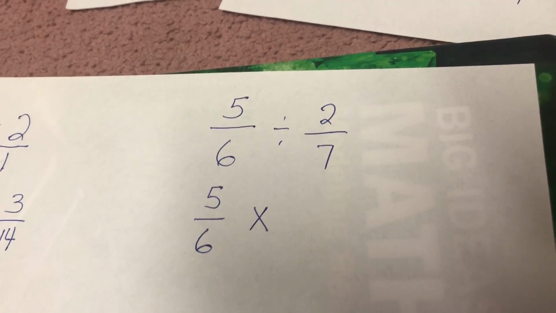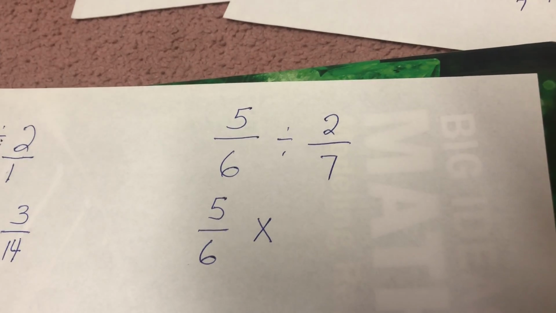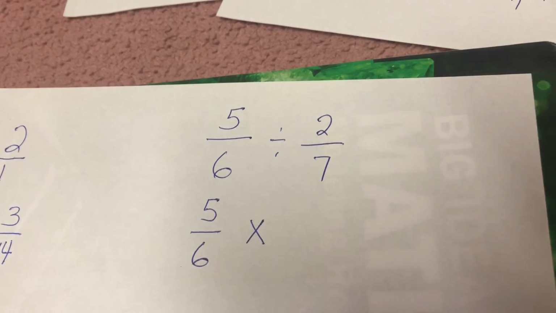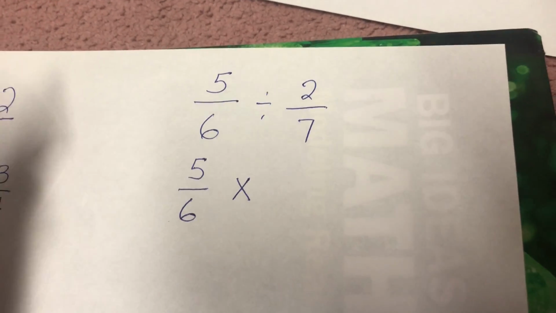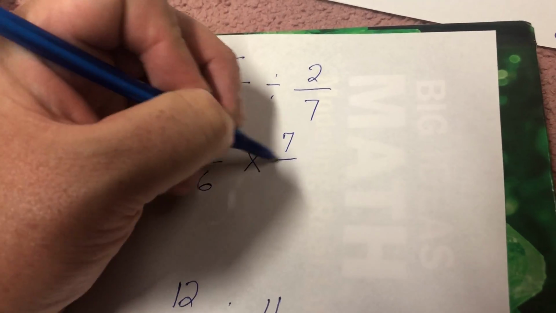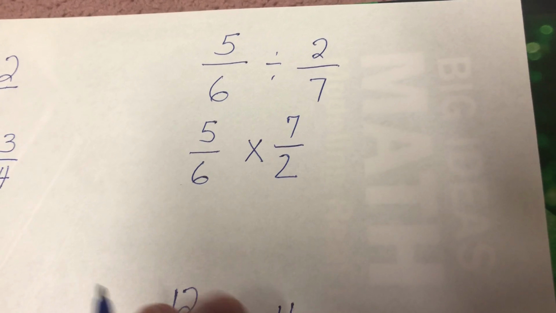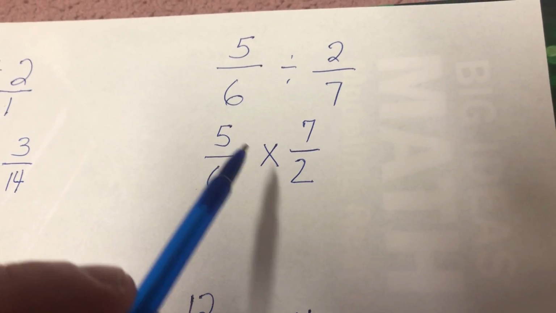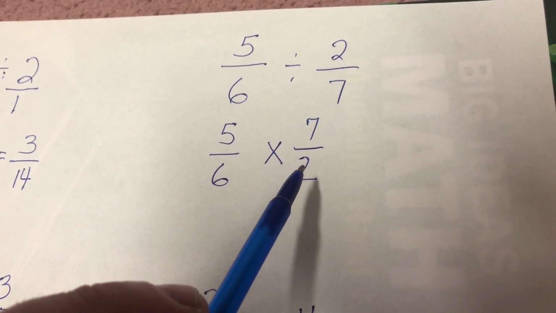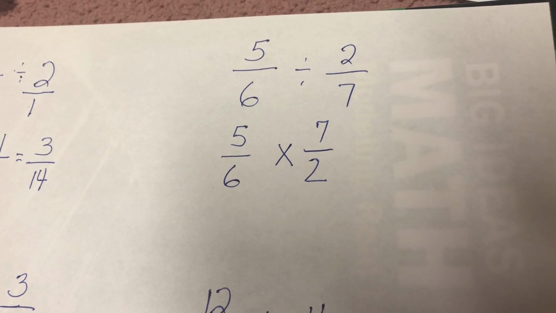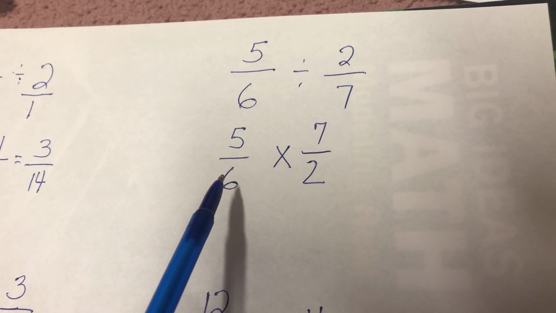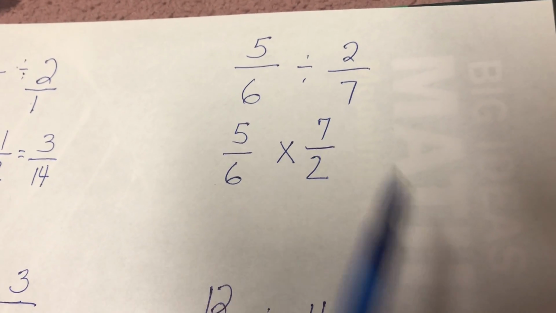I make the reciprocal of the divisor. The divisor is the number I'm dividing by. And in this case, I'm dividing by 2 over 7. The reciprocal of 2 over 7, if I flip it, the inverse number, is 7 over 2. When I go to think about cross-checking, there's no number besides 1 that can go into both 2 and 5. There's no number besides 1 that can go into both 6 and 7.